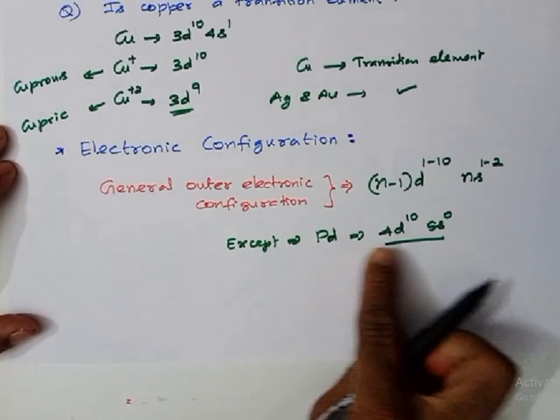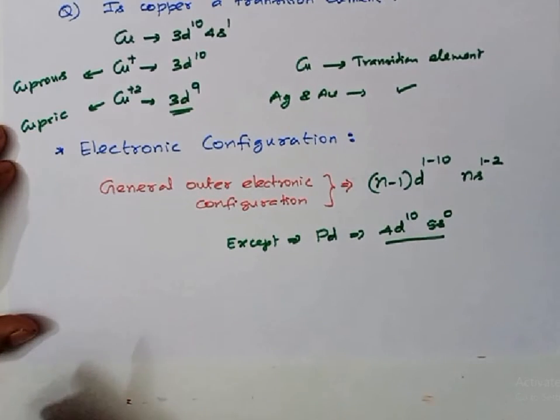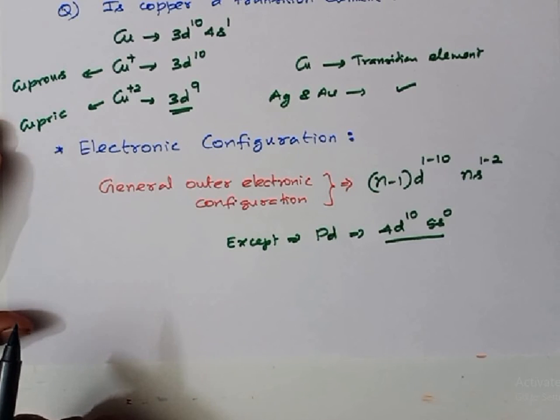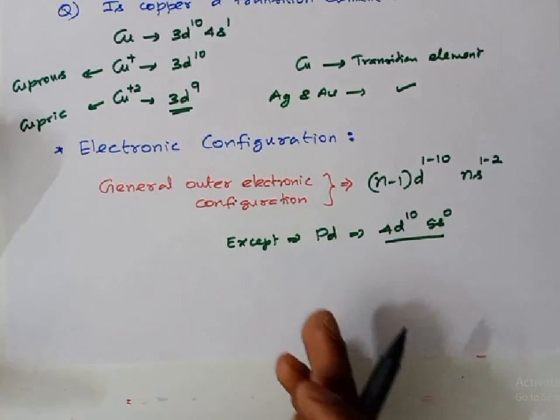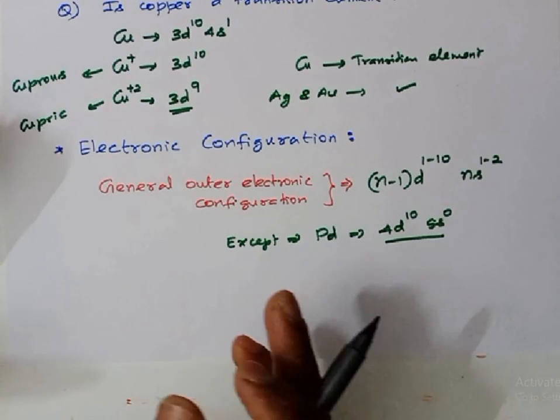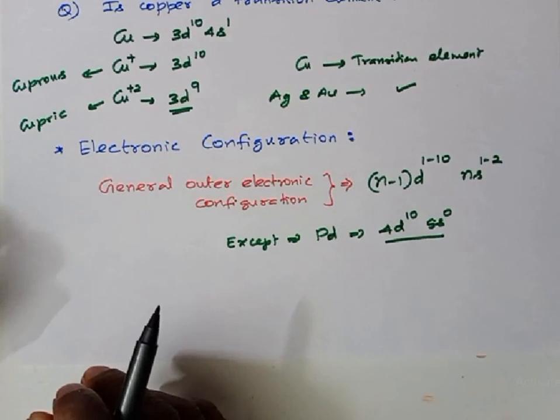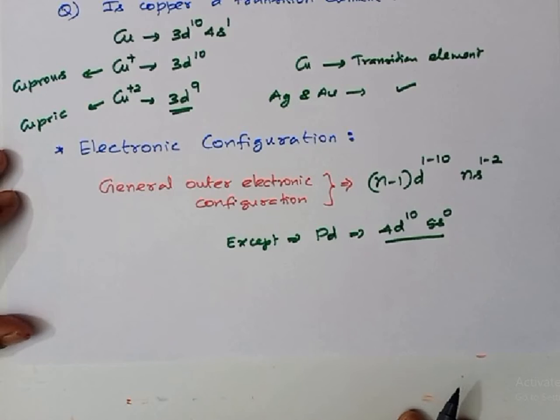This is one important exception. There is no electron in the s subshell. Okay, palladium is an exception, note down. In all other d block elements, we have some number of electrons in the d subshell, some number of electrons in the s subshell.